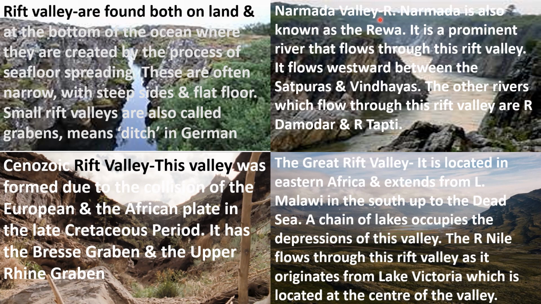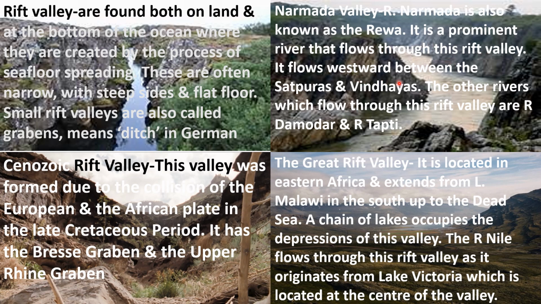Narmada Valley. From this valley the Narmada river flows, so it is known as Narmada Rift Valley. In India, two rivers flow through a rift valley. One is Narmada and the other one is River Tapti. River Narmada is a prominent river that flows through this Rift Valley.